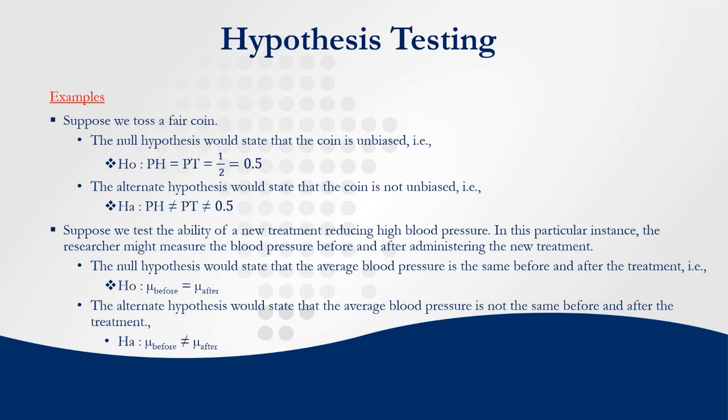But if you have evidence to actually do a one-sided test, then your alternative hypothesis will say maybe that the population average after is less, because the treatment is supposed to reduce blood pressure.